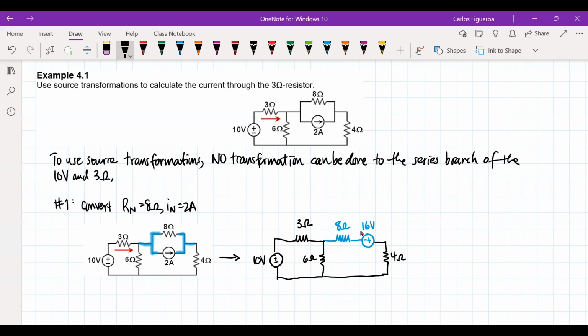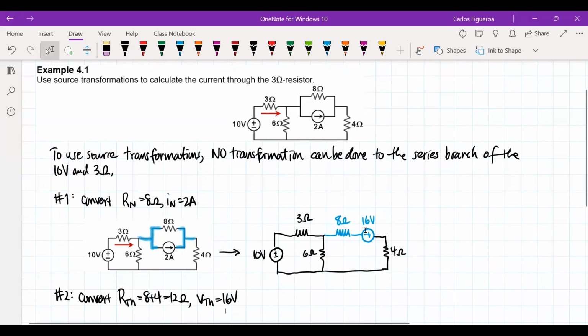Now I'm going to do another conversion. My second conversion, as you can see, is that I have a 4 and an 8 in series with a voltage source. I'm going to convert my Thevenin resistance, which is 8 plus 4, which is of course 12 ohms, and my Thevenin voltage, which is 16 volts.